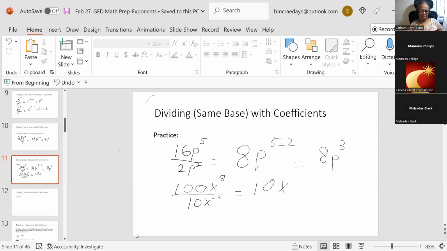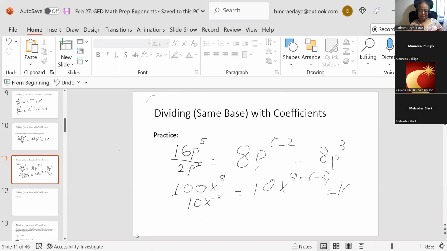I get 5, but I'm not quite sure which sign to use. Maureen, what is your answer? Minus 5. How do you get that? This will be 8 minus a minus 3. What is that equal to? 11. Yes.